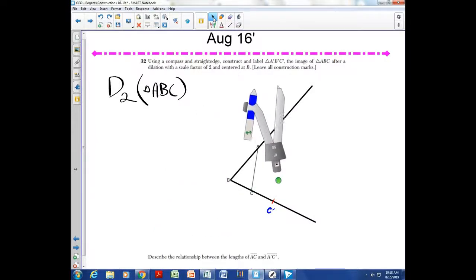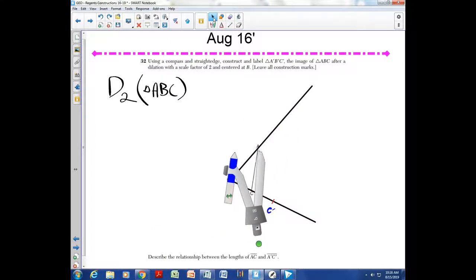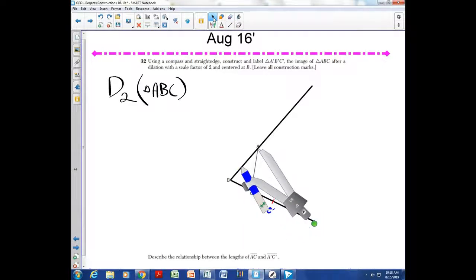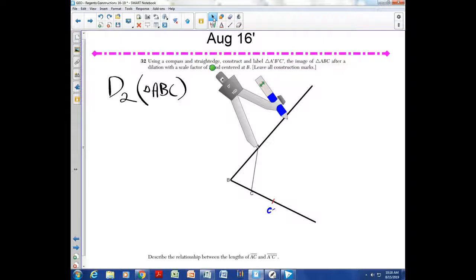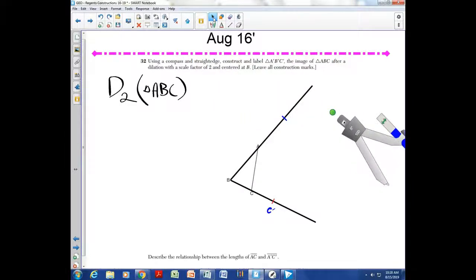I'm going to put the pointer on A, right, and measure the distance to B. I do it in that direction because then all I got to do is flip my compass around and intersect that line, and that is going to be my A prime.